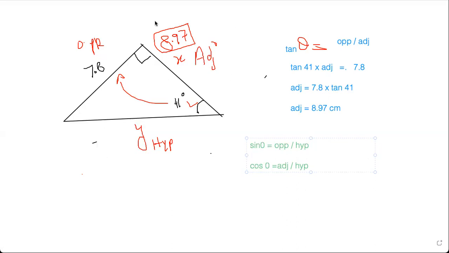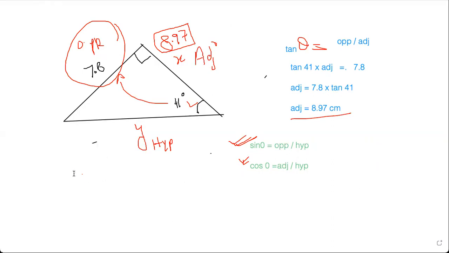But again, we have calculated adjacent and there could be a mistake in the value of adjacent. So instead of using cos, it will be better if you use sine theta because the value of opposite is already given in the question. But again, you have two options, sine theta or cos theta.